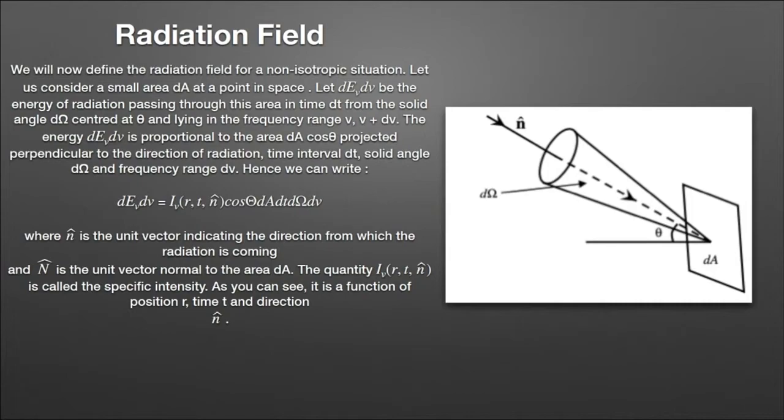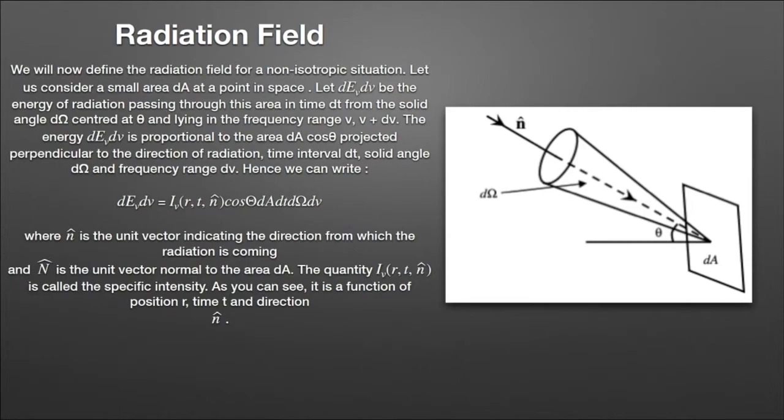At that point, the radiation that we get is dE_ν = I_ν(r, t, n̂) cos θ dA dt dΩ dν, where n̂ is the unit vector denoting the direction from which radiation is coming, and N̂ is the unit vector normal to the area dA.